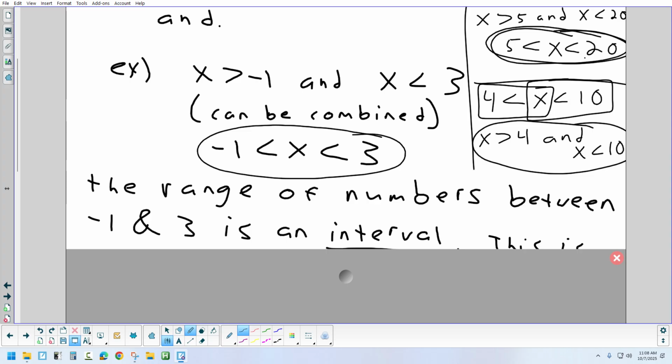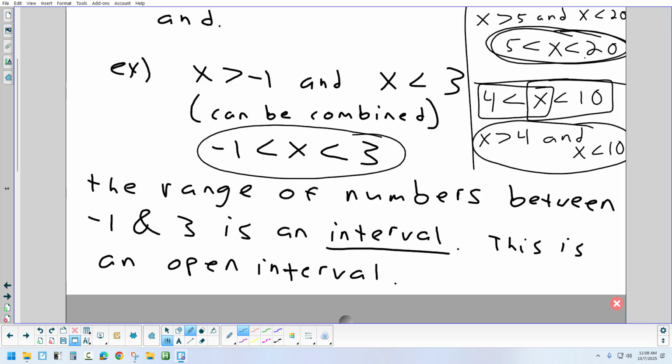Okay, bounded and unbounded go together. Open and closed go together. So they describe different things. This particular interval that we just did is what we call an open interval. So I'm going to explain what makes it open versus closed and what makes something bounded versus unbounded.